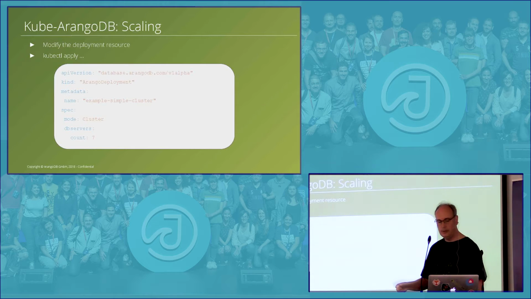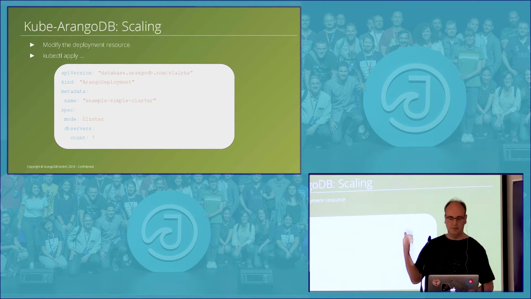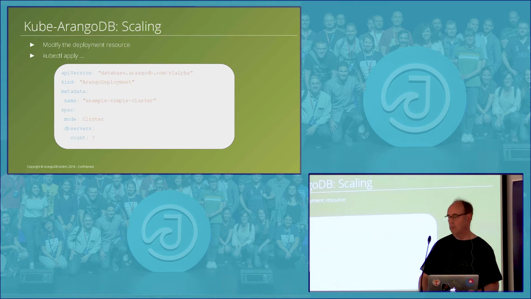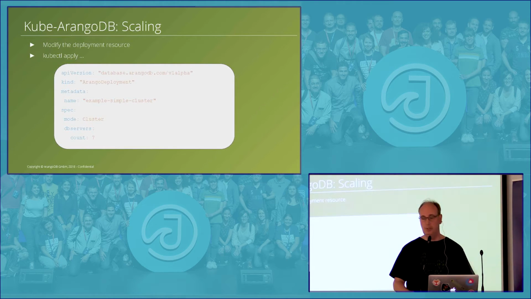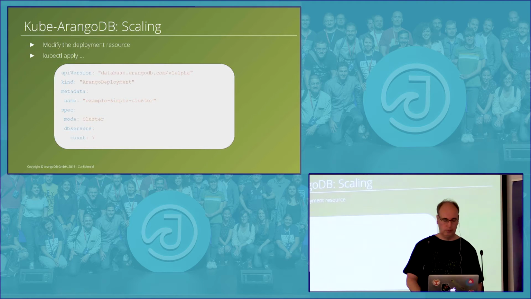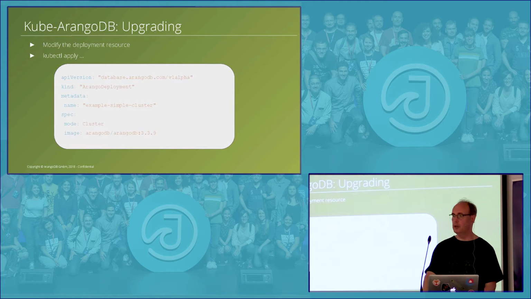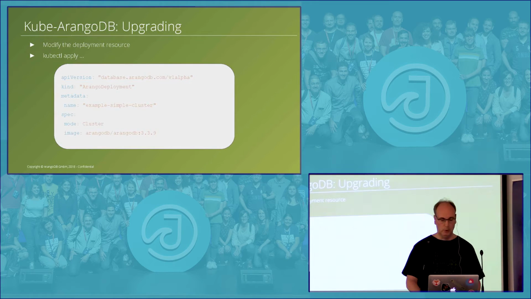To deploy that, you can easily do a kubectl apply of that file, and your cluster is built. If you want to scale, no problem, just raise a number like I did here and say, I want 7 DB servers instead of the default 3. Upgrading is also no problem, just specify the new version of the image that you want.